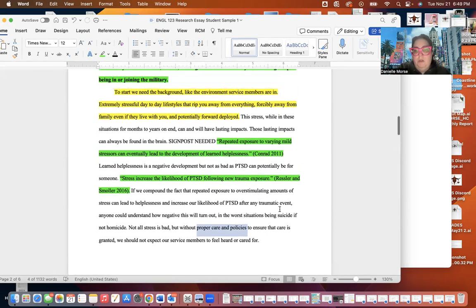Also, there's no mention of suicide. The only thing they say about suicide is that if we let this happen, they might kill themselves or other people.